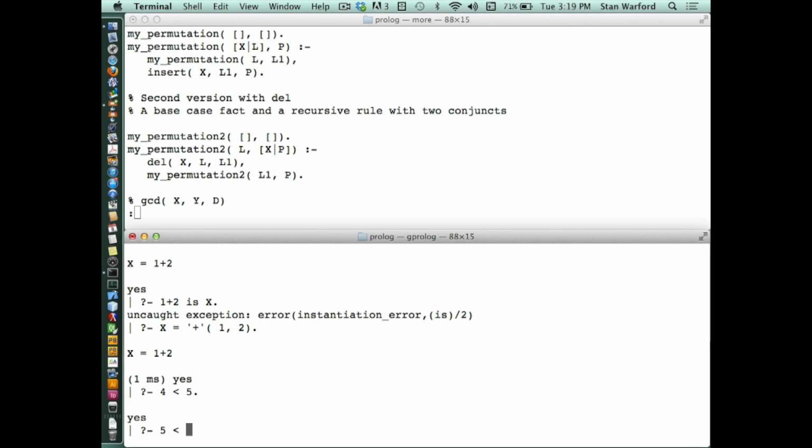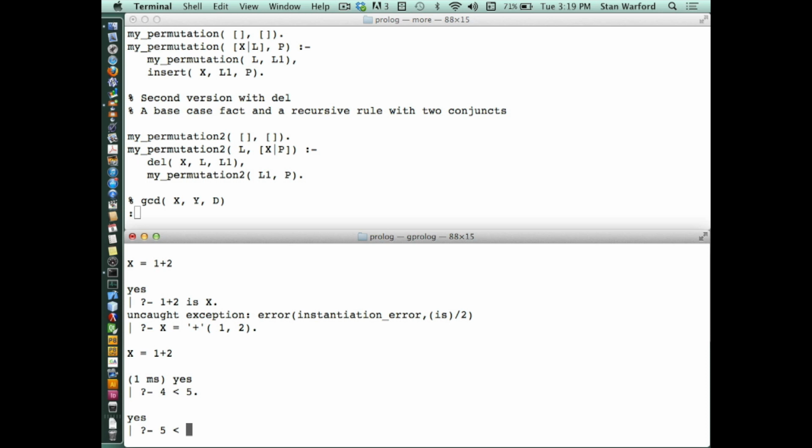Why is the plus in quotes? Is it a special character? No, GProlog requires it, like the dot. The dot was another example of a symbol that had to be in quotes when it's used as a functor. When it's used to represent a functor, and plus is like that.